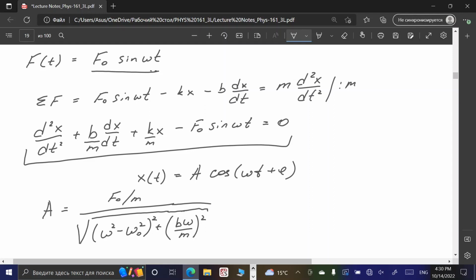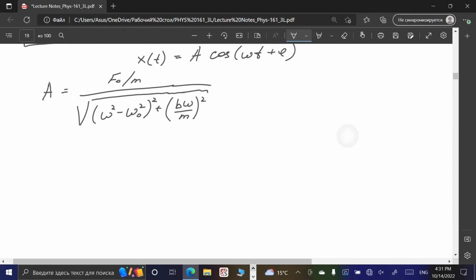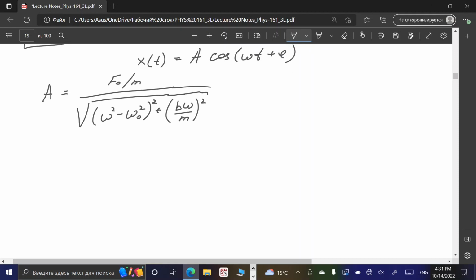So now let us consider certain extreme cases which are interesting from our point of view in order to understand better this type of forced oscillation in the presence of drag force.